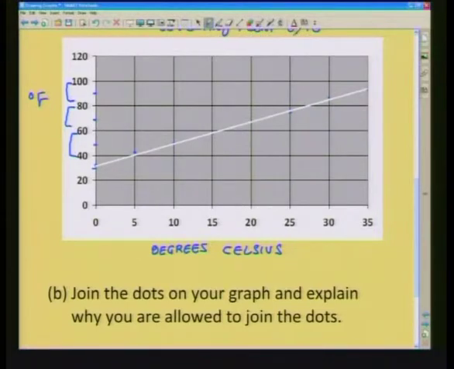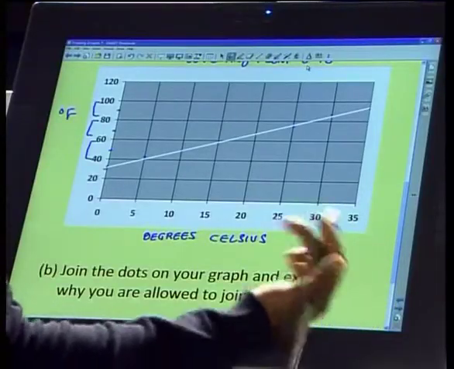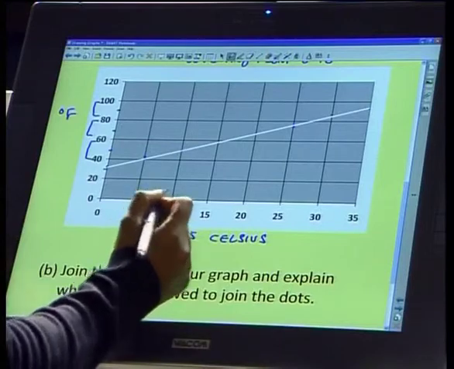Now they say, why can you join the dots? Let's go back to when we started the session, and I said to you that discrete variables, those are specific values like the number of people, those we cannot join the dots, but we can join the dots on continuous data. Continuous data being things like temperature. So it is very possible to get, for example, today, for it to be 5.5 degrees.